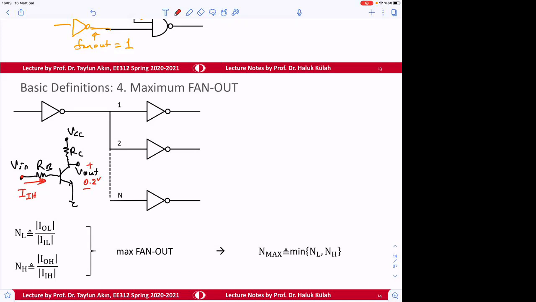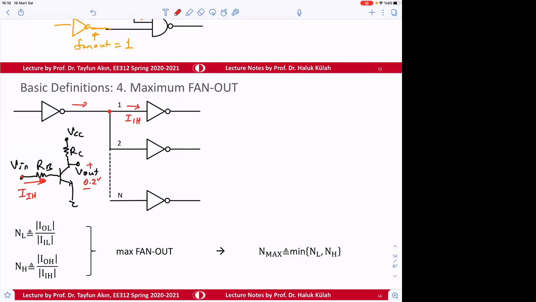However, when this one starts giving current, it cannot provide that much current. The current that we talk about here for the high case is going to be input high.